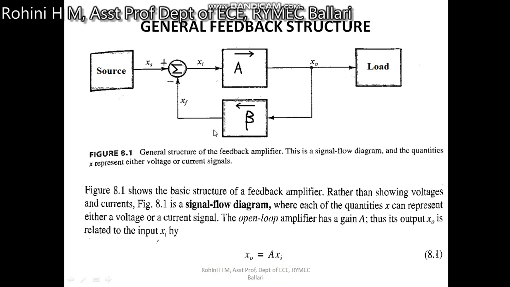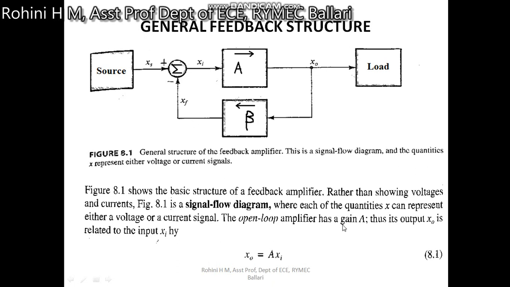Similarly, the feedback signal XF is given by the feedback factor beta into X0, the input to this block. So beta into X0 is equal to XF. This is the general feedback structure.